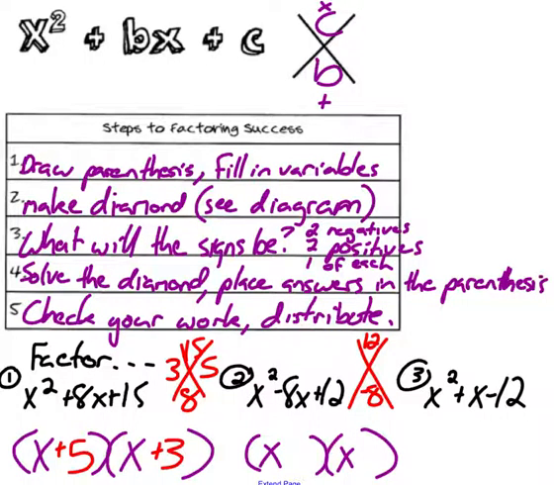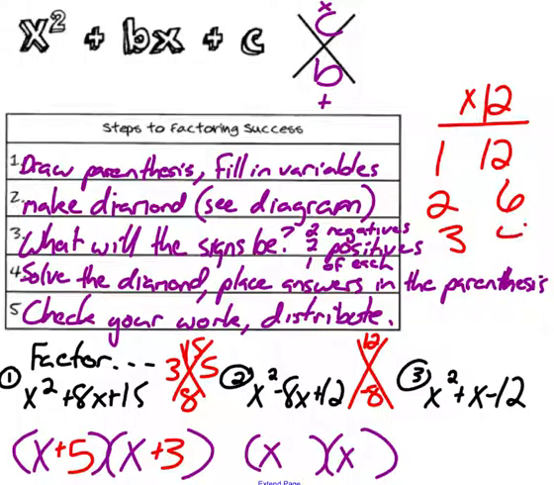Now, think about what the signs of these numbers are going to be. My left and right numbers multiply to 12 and add to negative 8. So we're multiplying to a positive 12. That means both numbers are positive, or wait a minute, 2 negatives multiply to a positive. So when you look at the multiples of 12 on your factor chart, ways to multiply to 12 look like this: 1, 12, 2, 6, 3, 4.